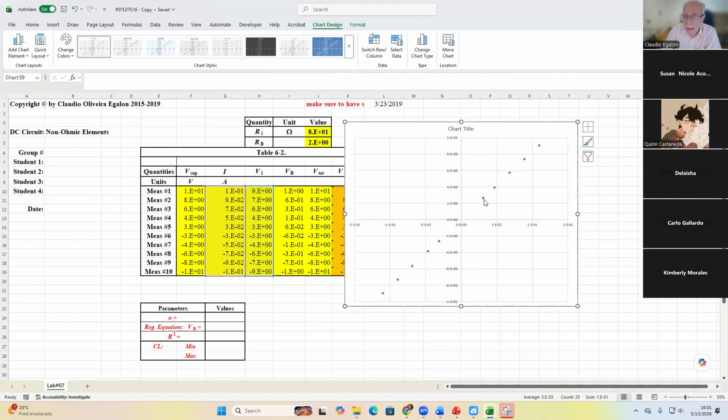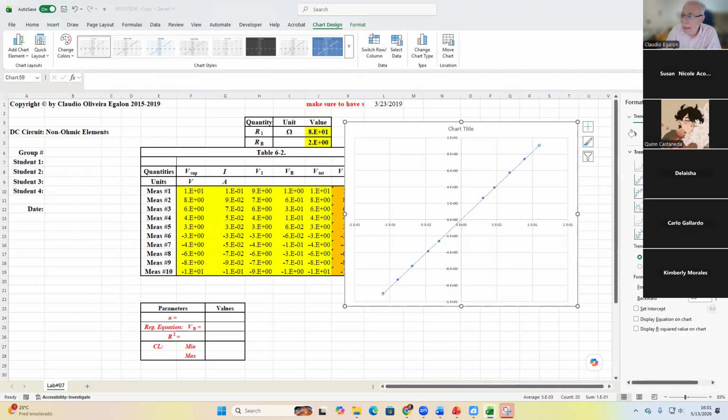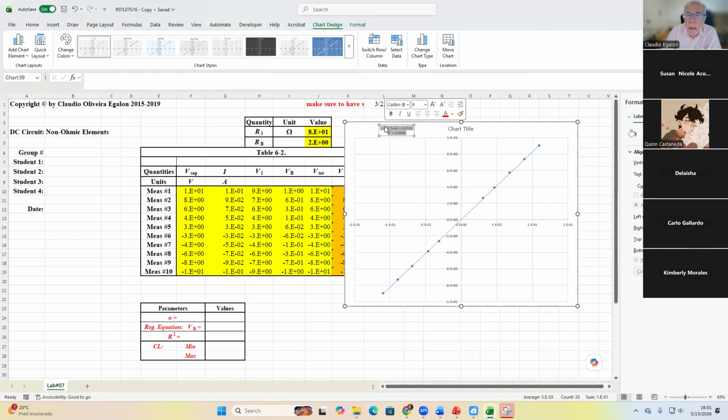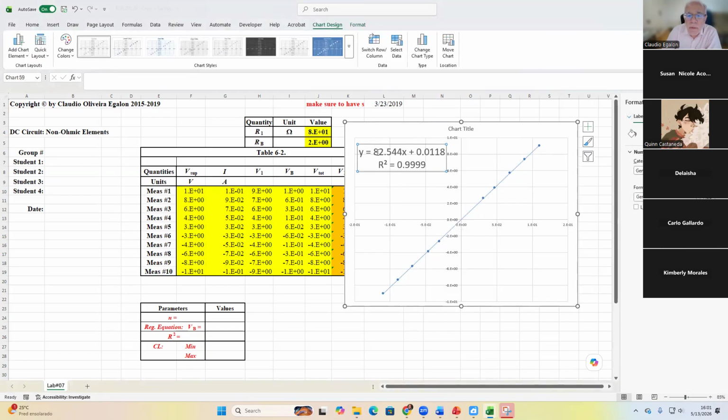We right click, add trend line, and the slope of this equation is going to be the resistance of my resistor.